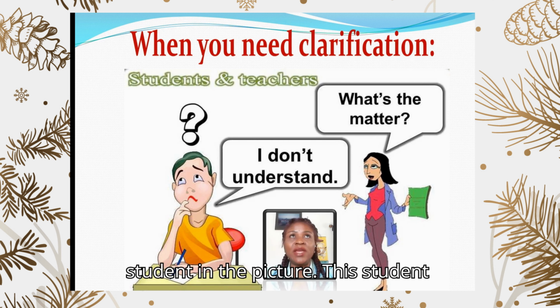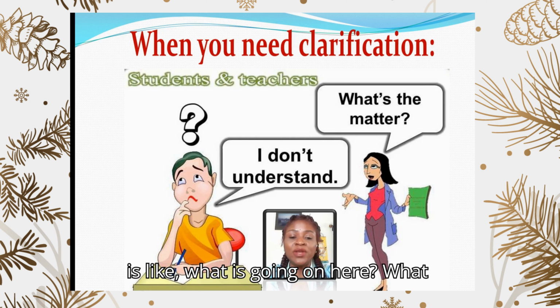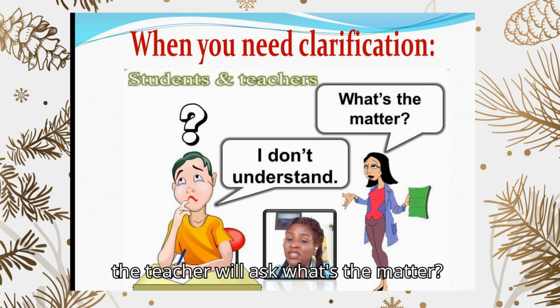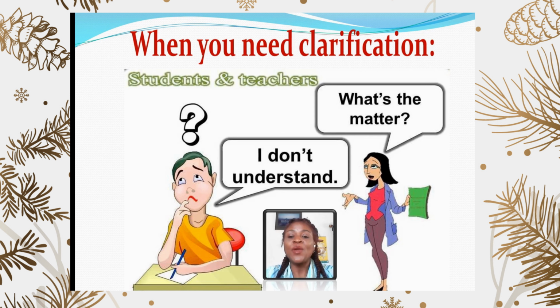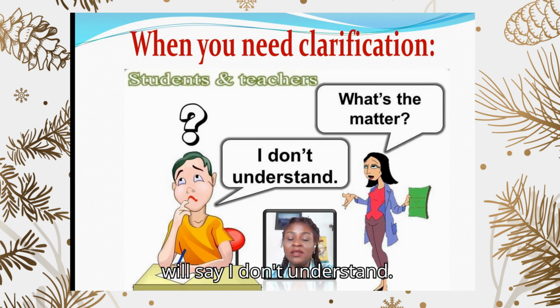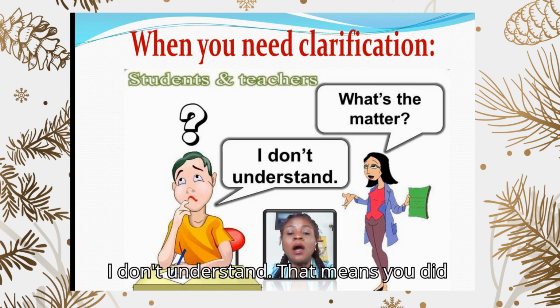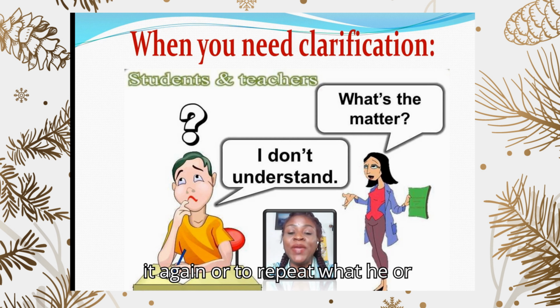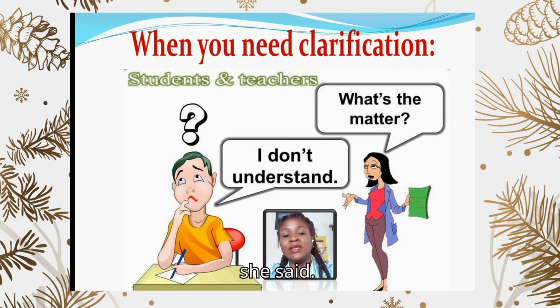This student is like, what is going on here? What did the teacher just say? And the teacher will ask, what's the matter? And the students will say, I don't understand. That means you did not get it. You want the teacher to say it again or to repeat what he or she said.